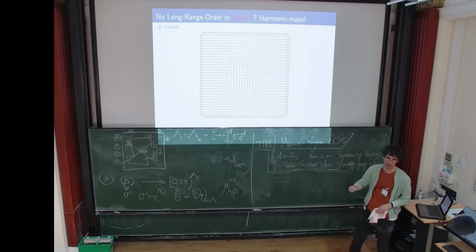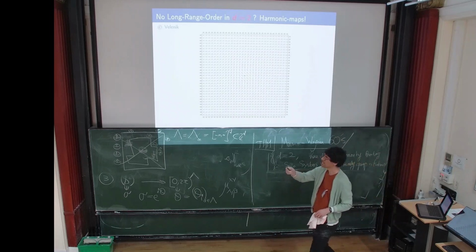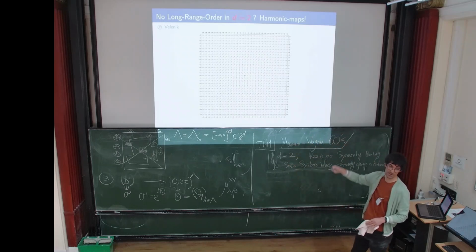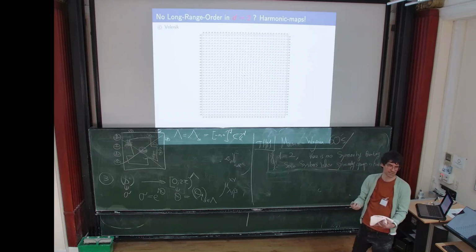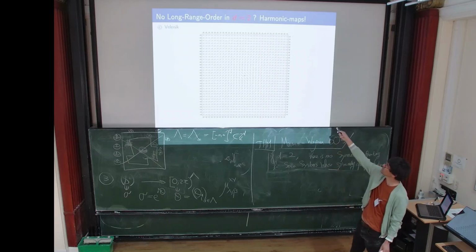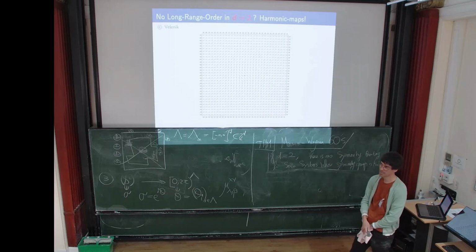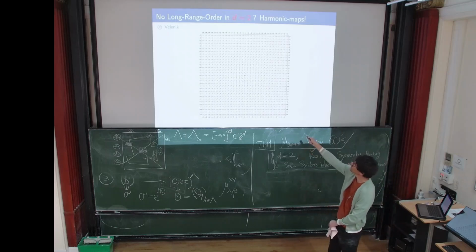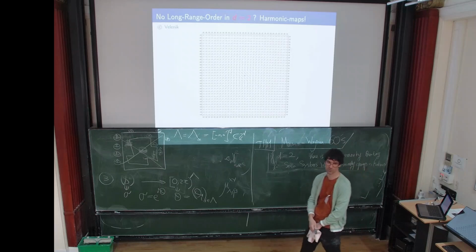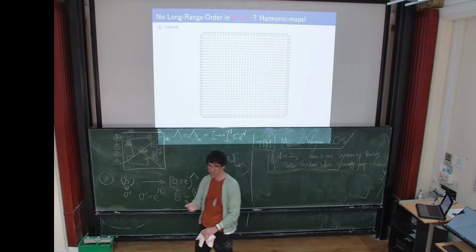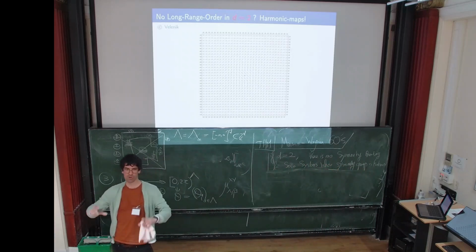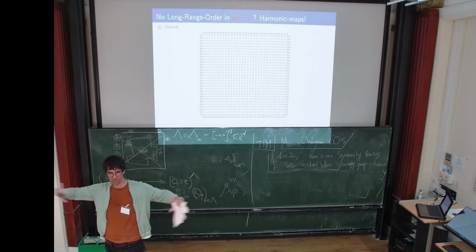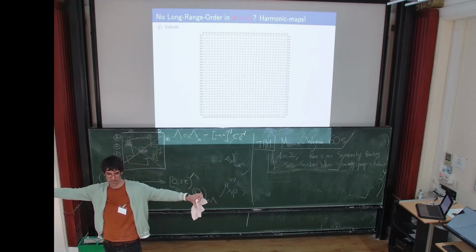And the middle one, you set it equal to west. And you ask yourself what's the best possible, the least energetic angle configuration which interpolates between the two. And what happens in dimension 2 is that you can find such a spin wave whose energy cost goes to 0 as the size of the box n goes to infinity.